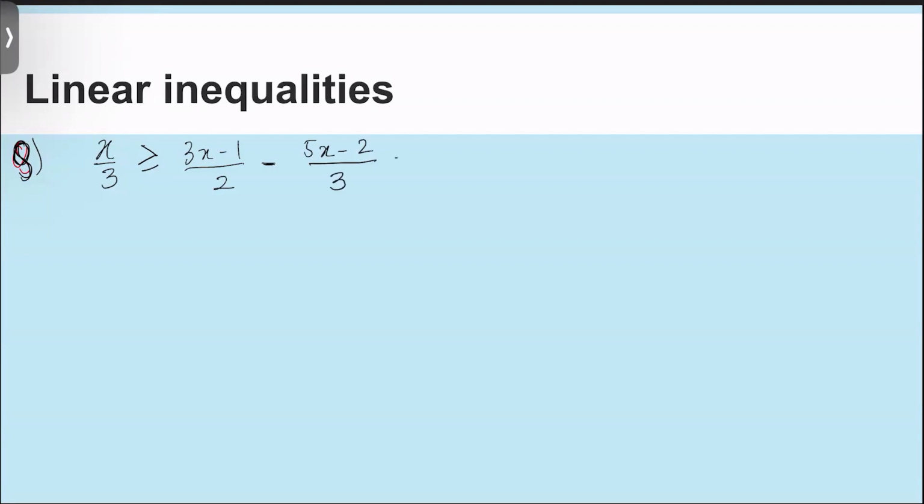Okay, so again, find the solutions and represent them graphically. Okay, so we have the question.